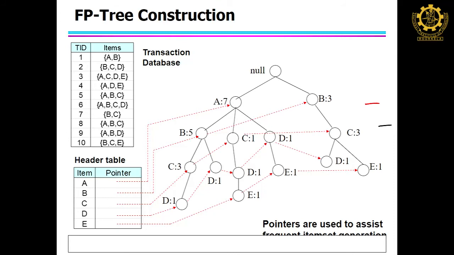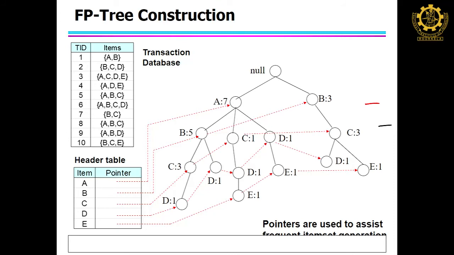So, this entire thing, we learned the generation of FP tree. How to mine the frequent patterns will be deferred to the next class. Now, what we will do next is learn how to evaluate the association rule. So, we got this tree, right.